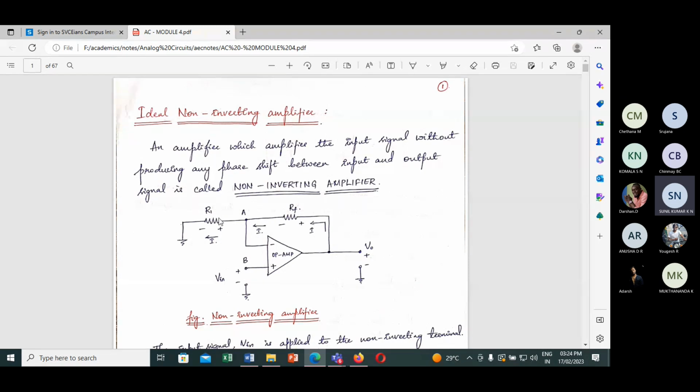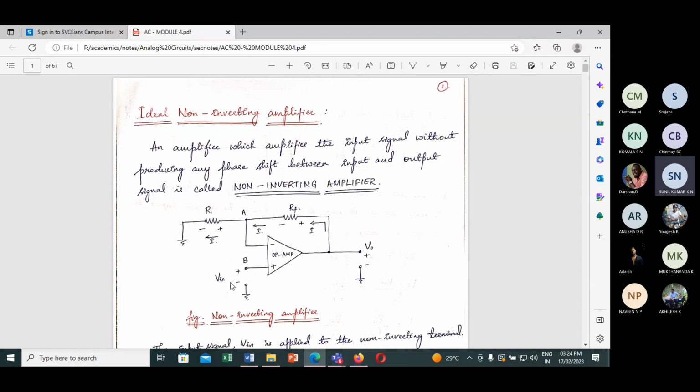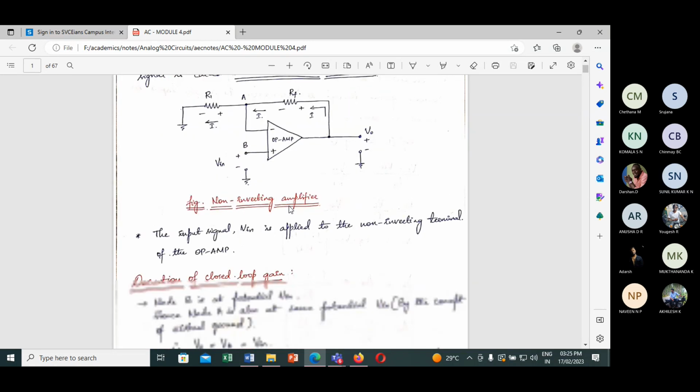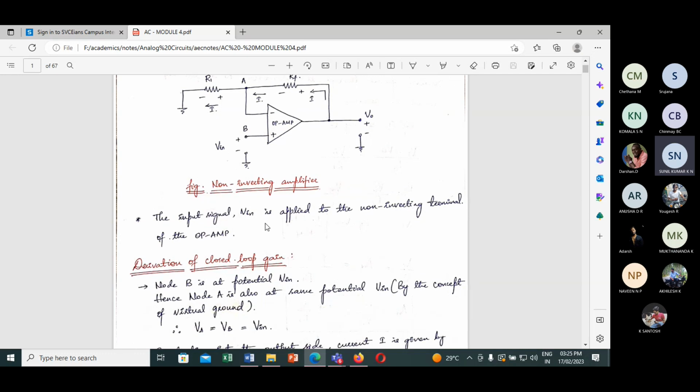The voltage drop across R1 will be given as input to the inverting terminal. In this type of circuit, the input is applied to the non-inverting terminal, and the output is fed back through the feedback resistor to the inverting input. This configuration is called a non-inverting amplifier.